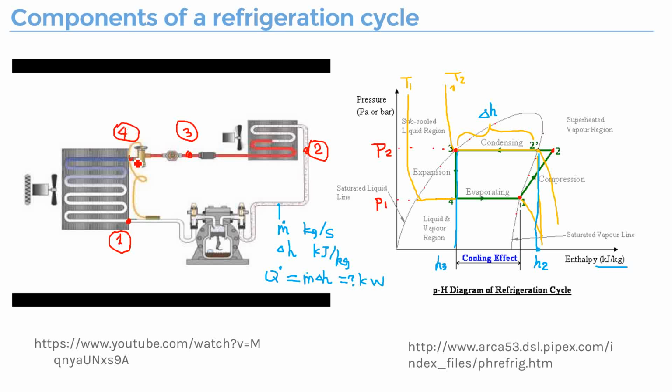So point 4 is out of the expansion valve and the beginning of the evaporator. So between 4 and 3, ideally, if we could find an expansion valve that can only reduce the pressure of this liquid, and there is no energy loss through it.